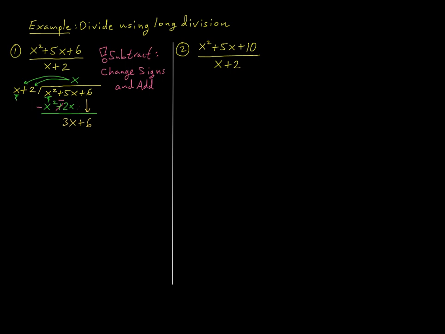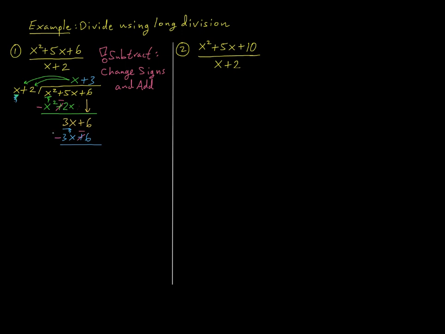And then we play the game again. How many times does x go into 3x? What times x is 3x? That would be 3. Now this 3 is going to multiply the divisor, so it multiplies the x to give us 3x, and it multiplies the 2 to give us a 6. Then I subtract, and to do that, let's change signs and add.